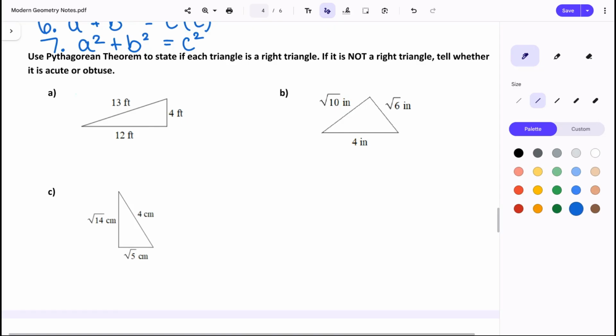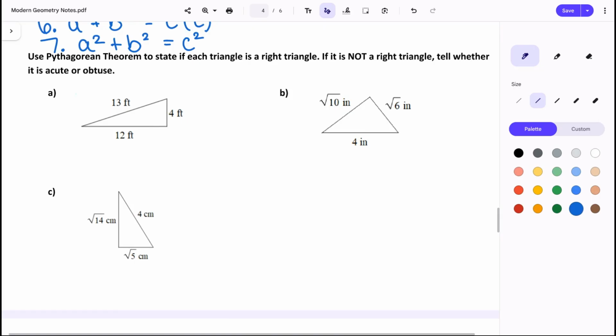So, for example, I would say, if you have a right triangle, then that means you can use a squared plus b squared equals c squared, okay? If you have a right triangle, you can use the Pythagorean theorem. What the converse says is, if you can use the Pythagorean theorem, then you must be working with a right triangle. So it's the same kind of rule, but it's flip-flopped. It's backwards now on us, okay?